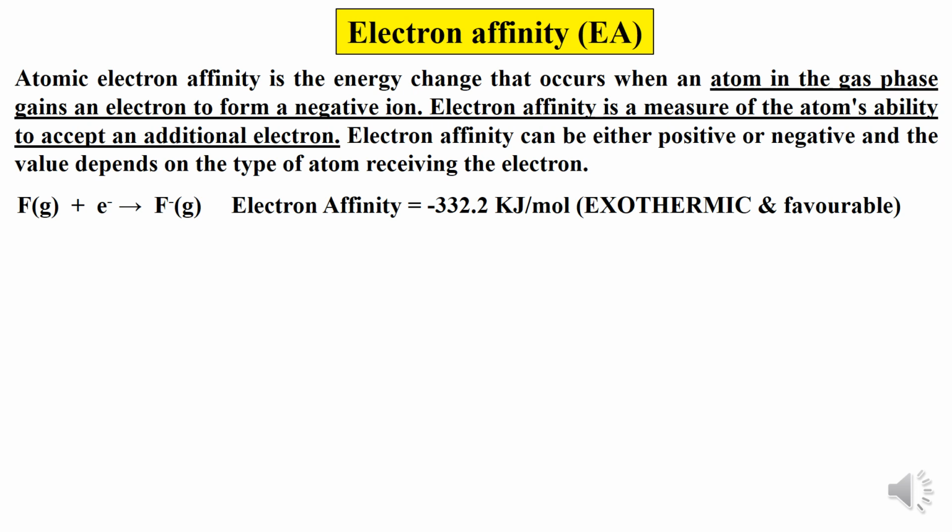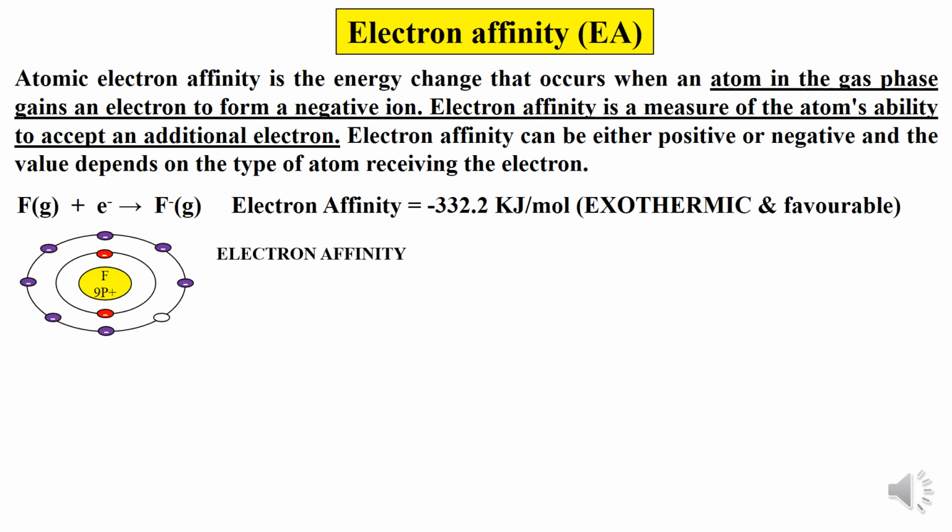Now let me explain why it is an exothermic process and why the reaction is favorable. The fluorine atom has a total of 7 valence electrons, and it needs an additional electron to complete the outermost shell.